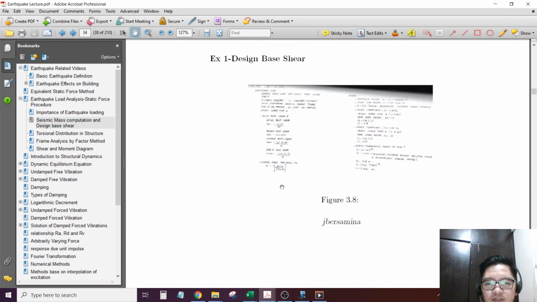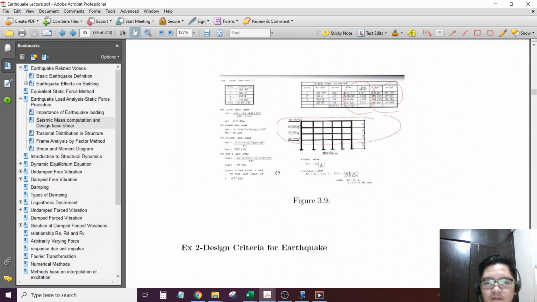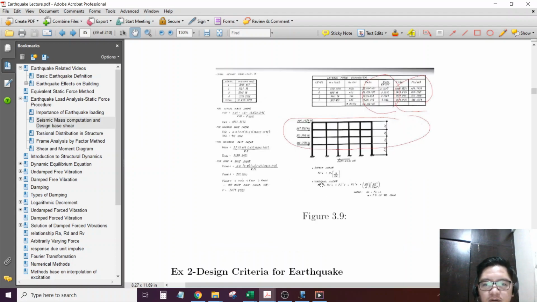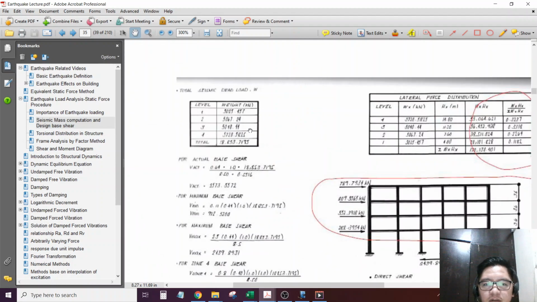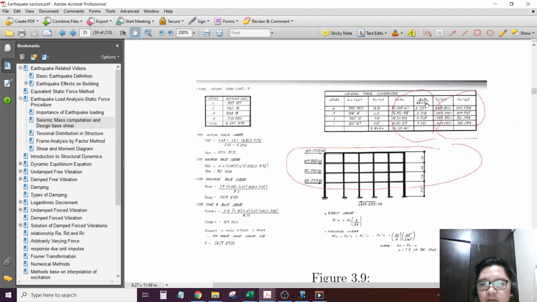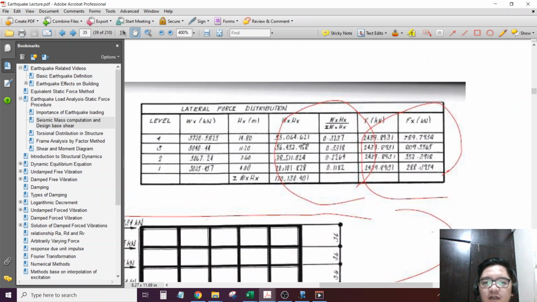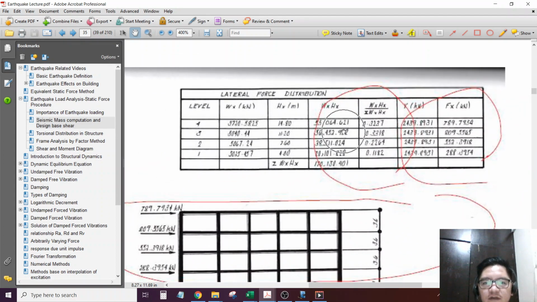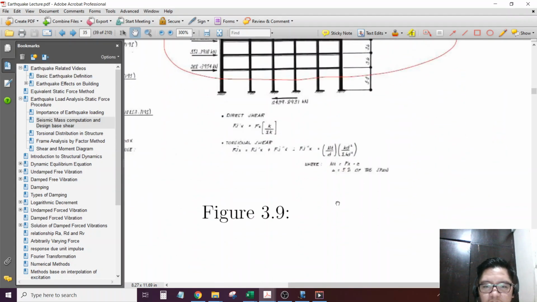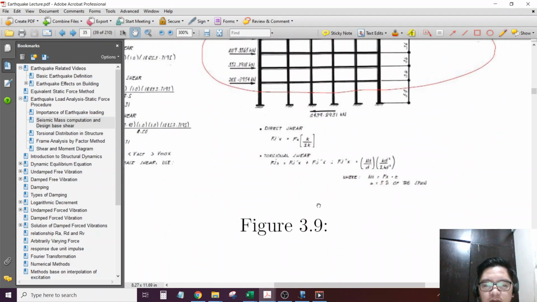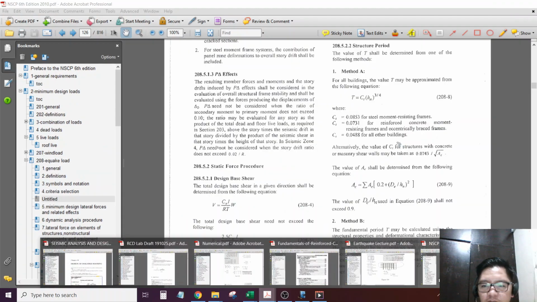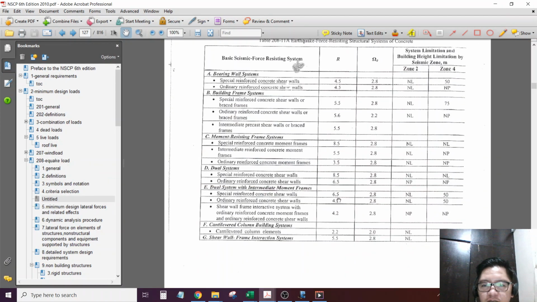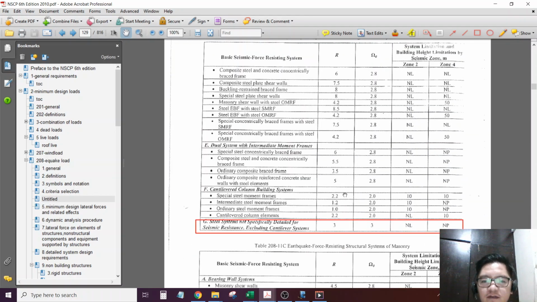Seismic mass computation. Yeah, so kinuha ko na yung snapshot niya. Ito yung ating lateral force distribution. Where's the formula? Ito tama yung formula. As per NSCP, gusto ko yung general formula.